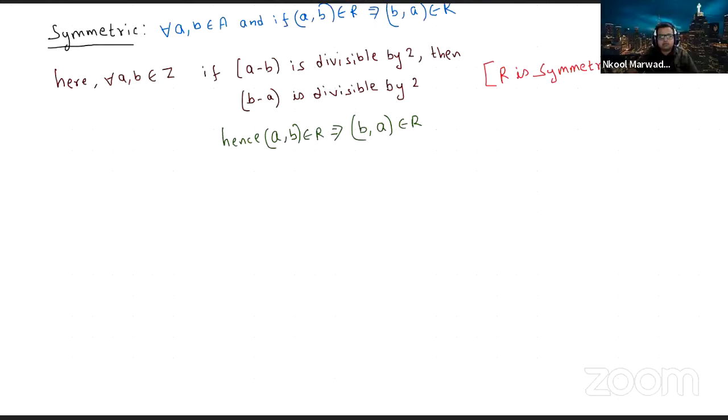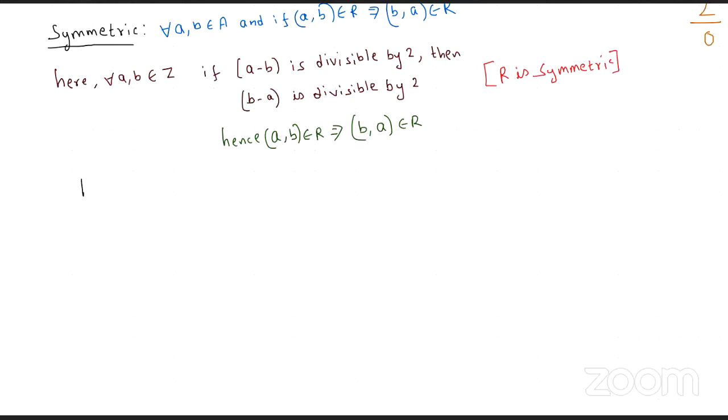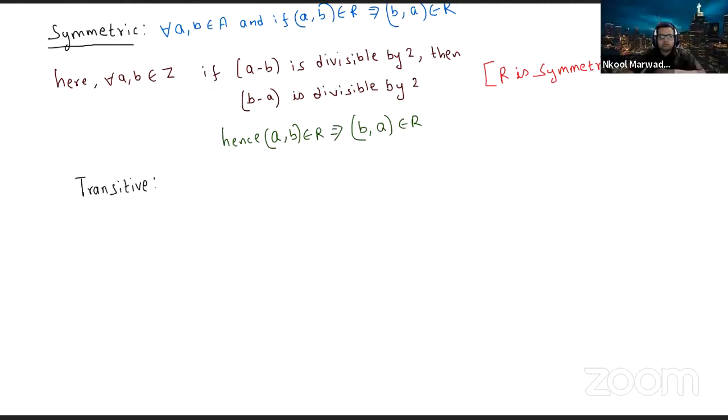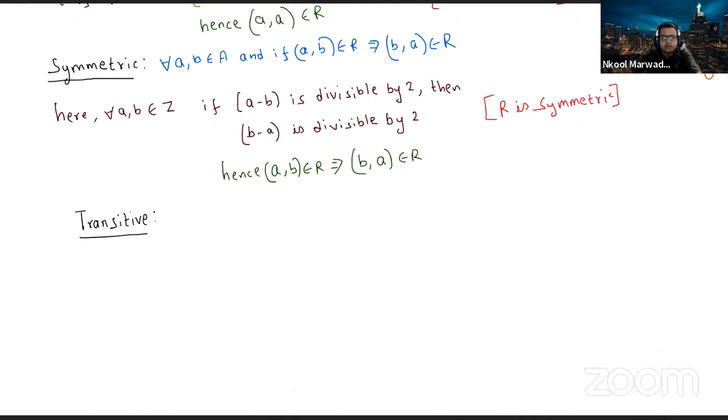The mathematical definition of transitive: for all A comma B comma C belongs to any set A, if A comma B belongs to a relation R and B comma C belongs to relation R, then A comma C should belong to R in order for the relation to be transitive.